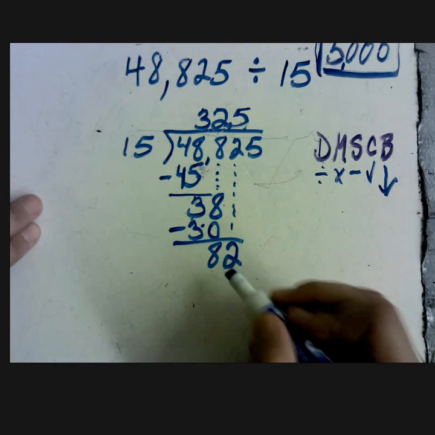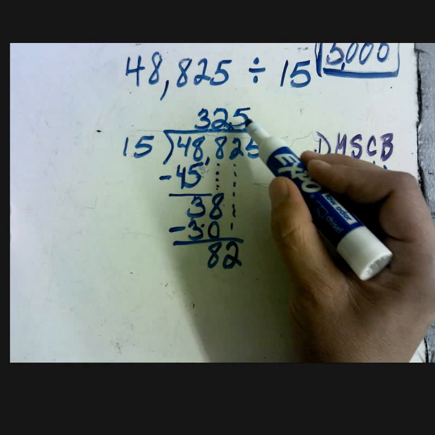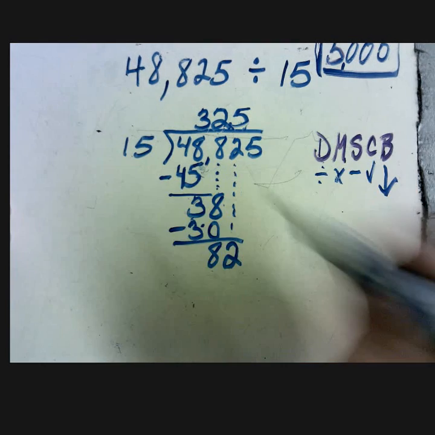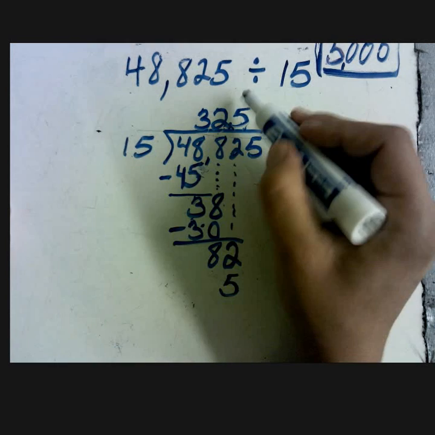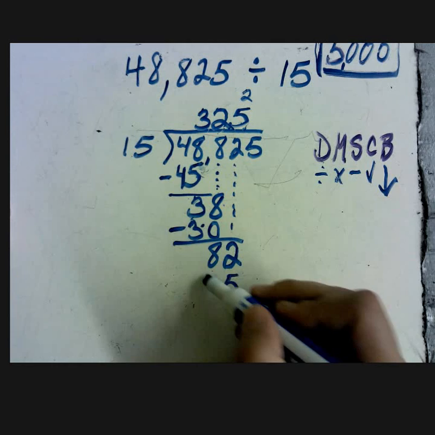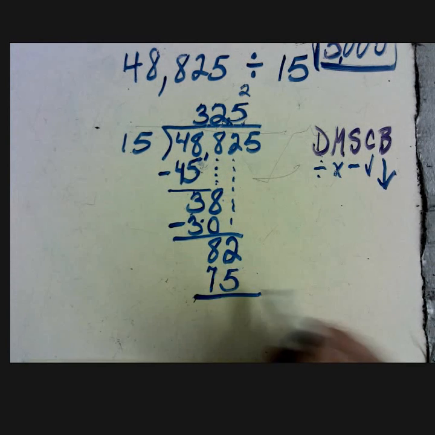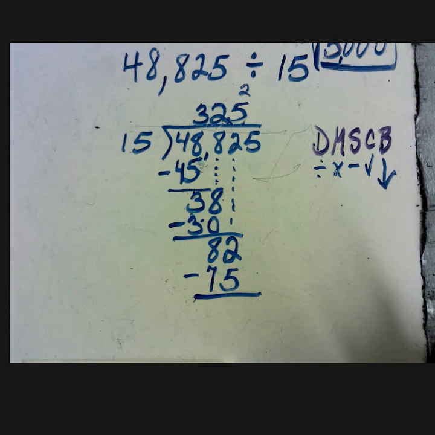Okay. Now I'm right here where I subtract. And I am left with, I'll do it the way you guys would do it. There we go. And I am left with 7. Okay. I check. 7 is less than 15, so I'm good to go.